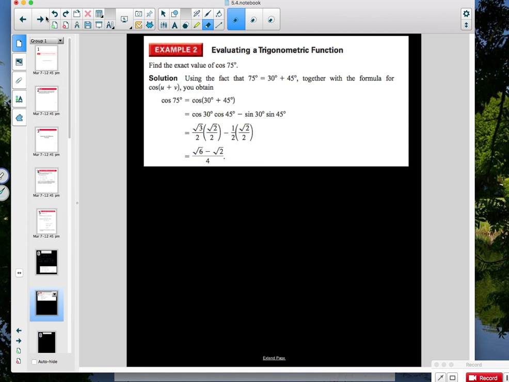So we're going to use cosine of the sum, which becomes the difference. So cosine of 30 times cosine 45 minus sine 30 sine 45. You find the values from the unit circle, and you find the answer, root 6 minus root 2 over 4.